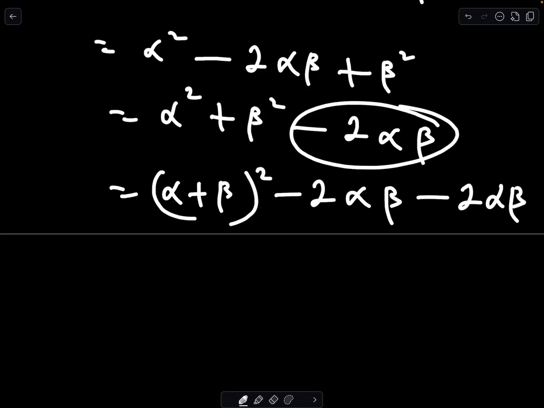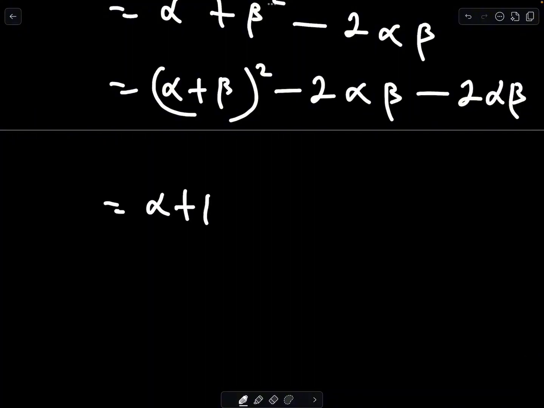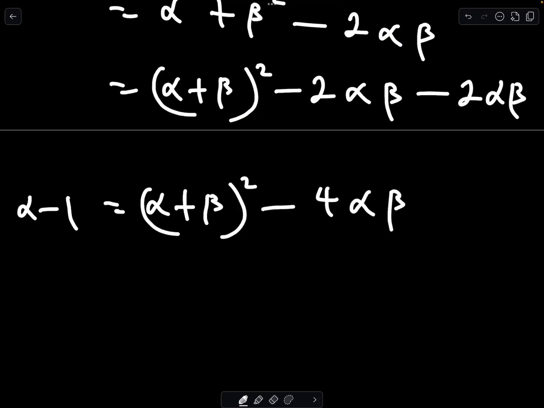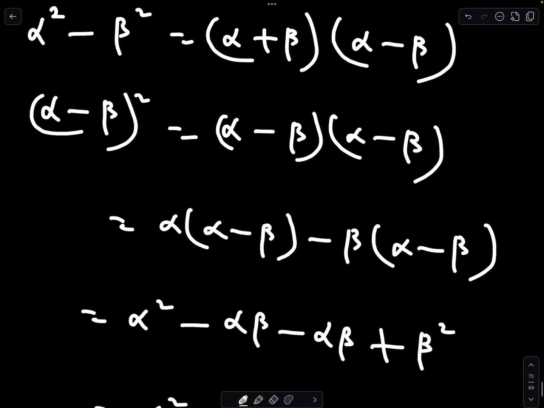This simply means alpha plus beta all square minus 4 alpha beta. Don't forget that that's the identity for the square of alpha minus beta.